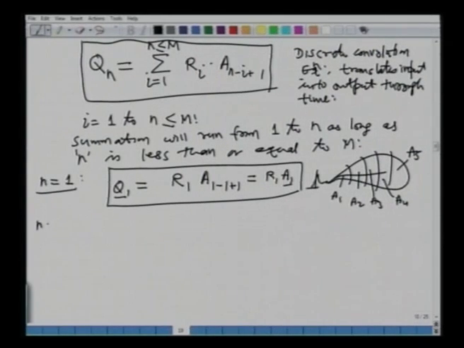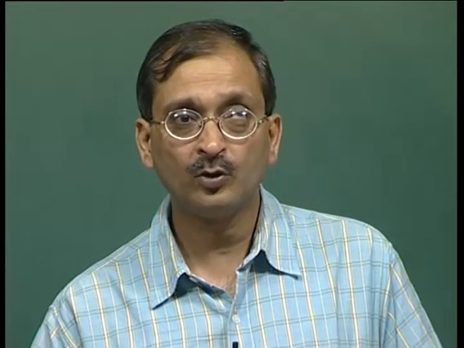Now, let us say n is equal to 2. At the end of second hour, or at the end of second time interval, what will happen? The contribution will come from where? Obviously, the contribution will come from both areas A1 and A2, but which rainfall would be used? If you think about it, we will use this equation and try to deduce what is actually happening and which area is contributing at what time.